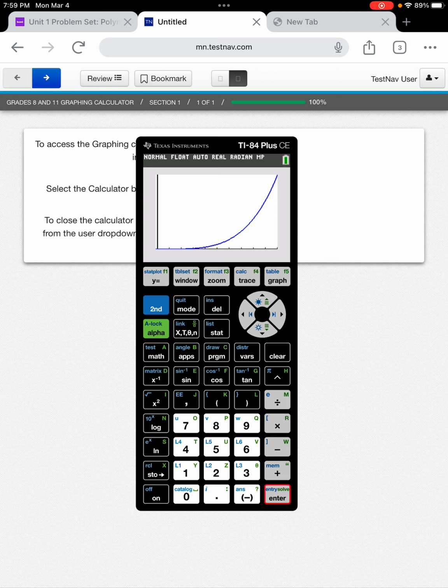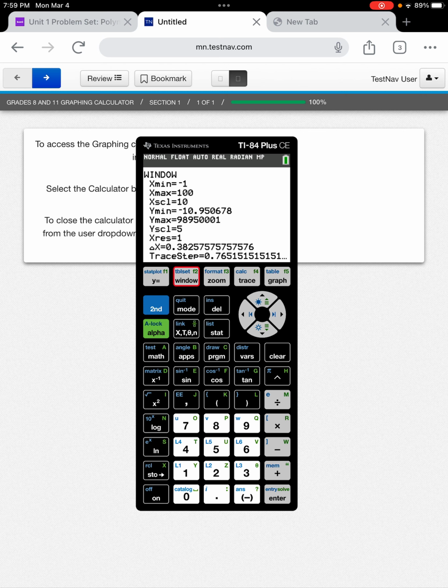You can see it's obviously a polynomial function. Still can't really see what I'm looking for, so I'm going to click on window, and this is going to tell me essentially what window it's given the function. I can see here this y maximum is massive, so I'm going to change my y minimum to negative 100, and I'll go 500, and then I'll do a step of 100.